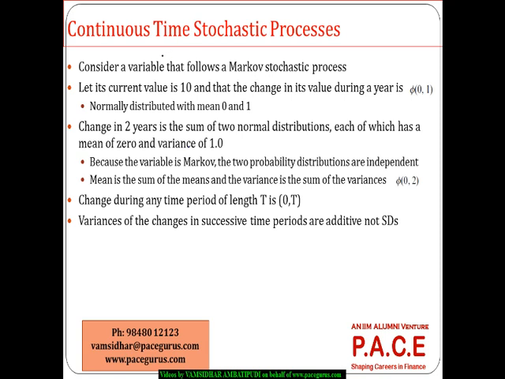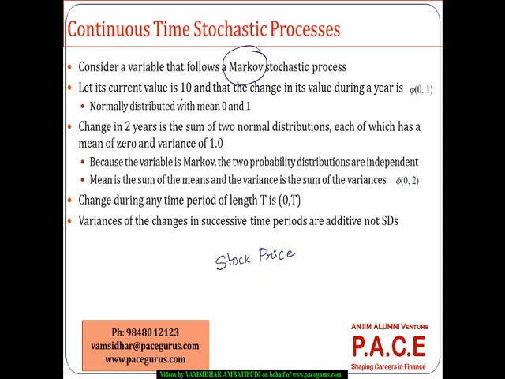Now let me think about a variable that is following a Markov property and is a stochastic process. So let's talk about the stock price itself. Let's assume that the stock price follows a Markov property and it's a stochastic process because it changes value in an uncertain way over time.